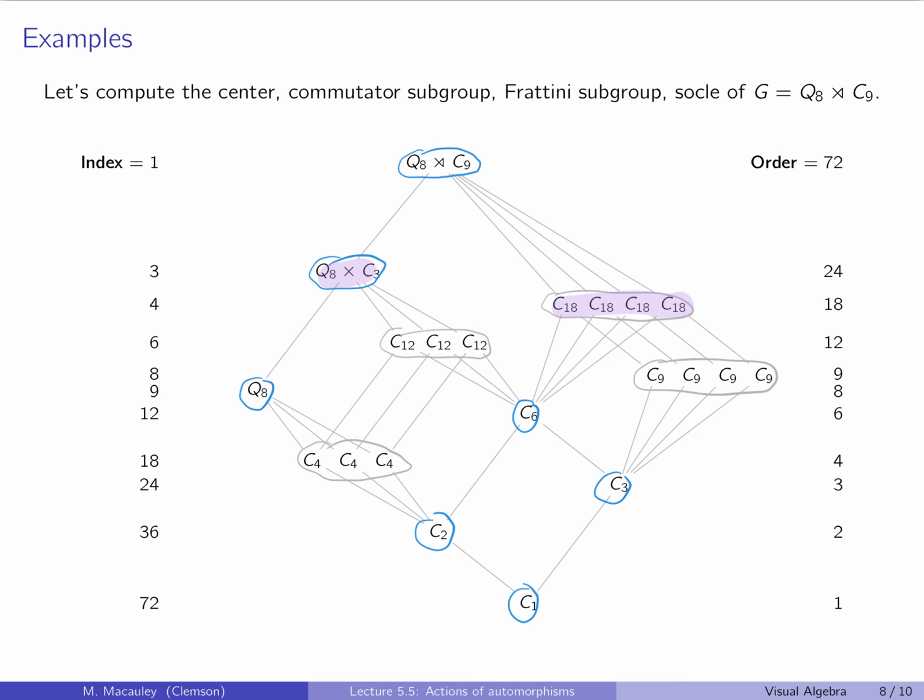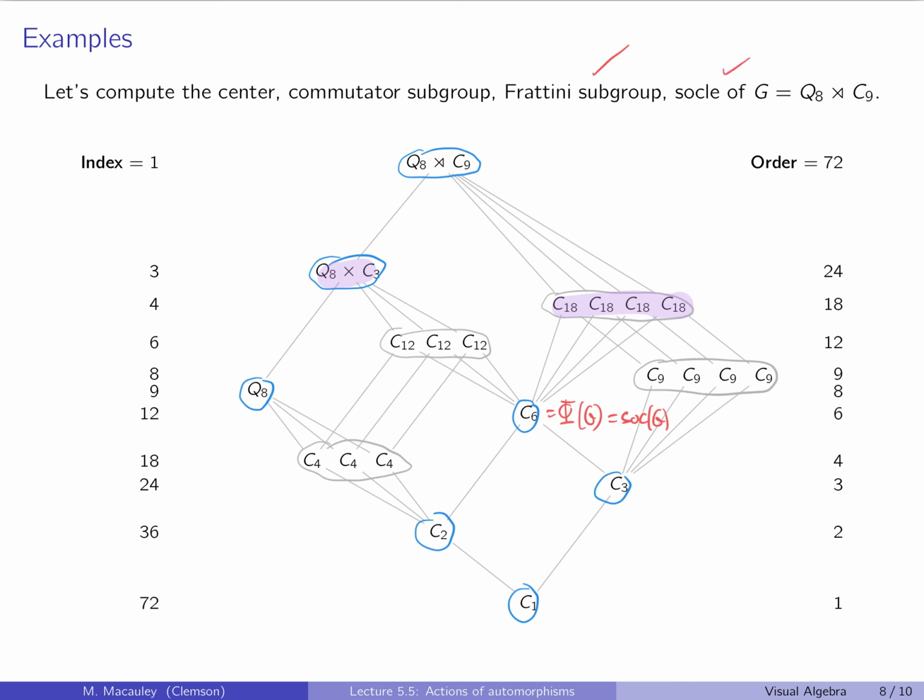So this is the Frattini subgroup of G. So we did that one. The socle, this is generated by the minimal normal subgroup. So here are two minimal normal subgroups. Those will generate this. So this is also the socle of G.